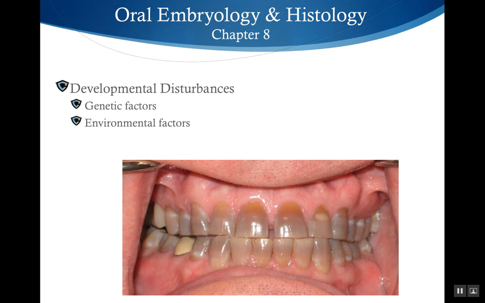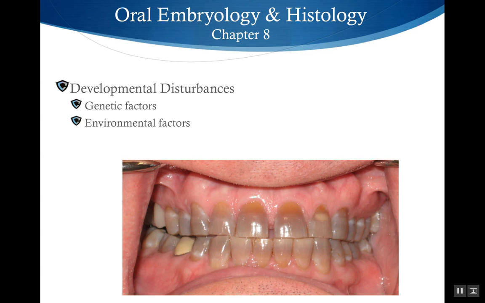This child was given tetracycline as a child before we knew the dental consequences of it, and it's an intrinsic stain, which means it's not like coffee or tea stain on teeth that can be polished off. This is an intrinsic stain that cannot be removed, and it can be very difficult, if not impossible, to whiten the teeth with traditional tooth whitening options.